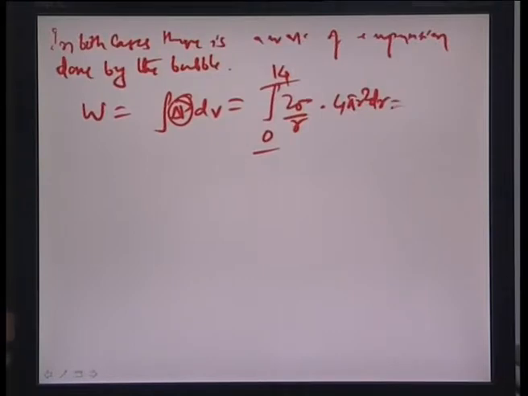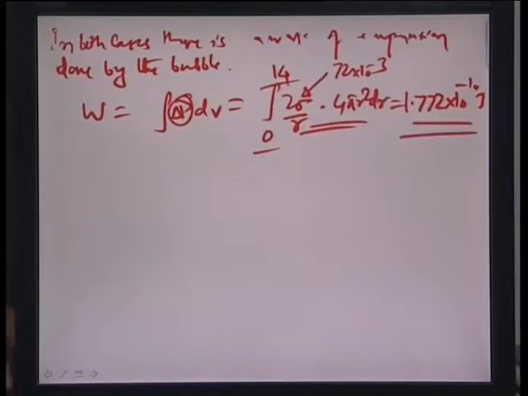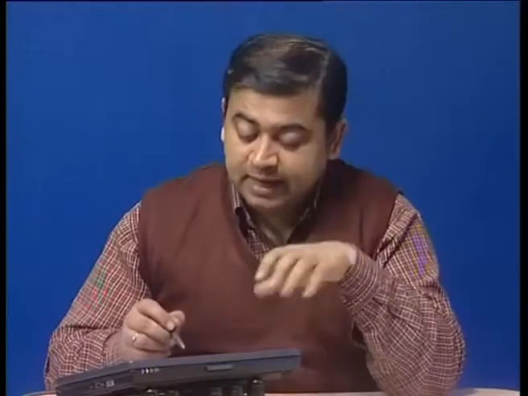If you calculate this expression with the sigma value which is already given in the numerical problem as 72 × 10^-3 Newton per meter, you are left with a total amount of energy or work done of 1.772 × 10^-10 joules. That is how this total work done would translate. This is the PdV work, mind you, as the bubble is expanding against an internal pressure of 2 sigma by r, and we assume the r to be variable here.